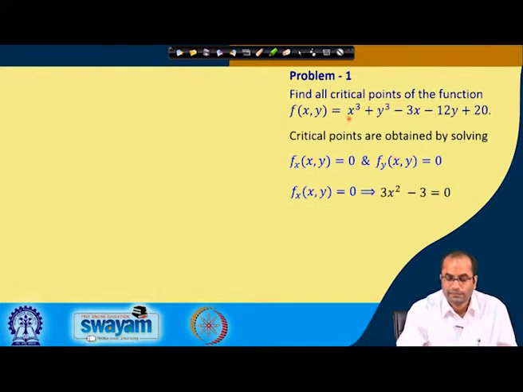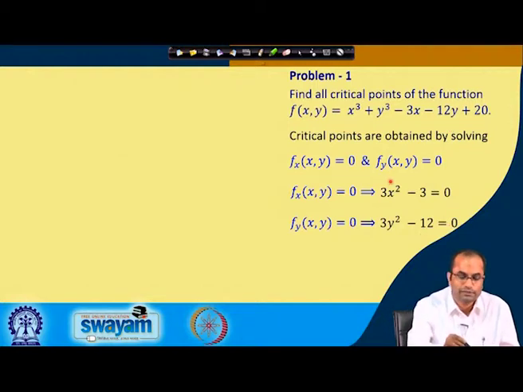So, here f x is 3 x square minus 3, and we set that to 0 to find the critical points. Similarly, when we take f y, we will have 3 y square minus 12 equal to 0.